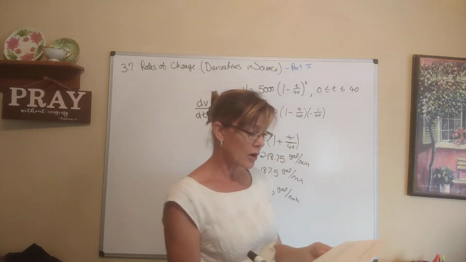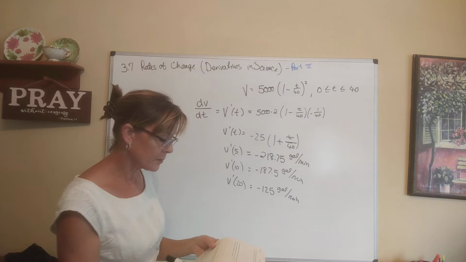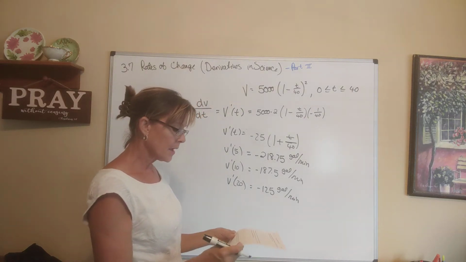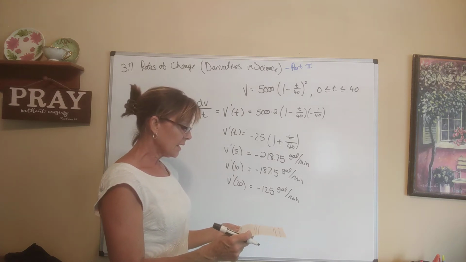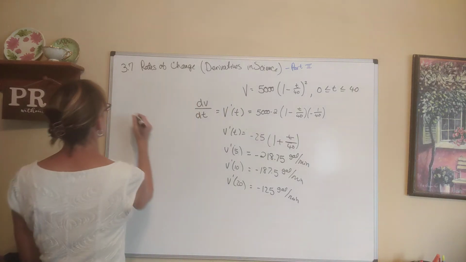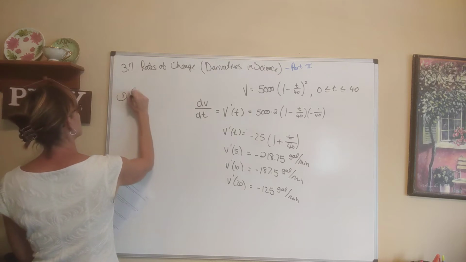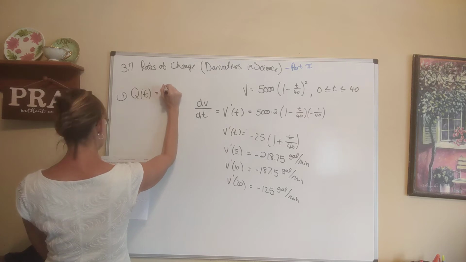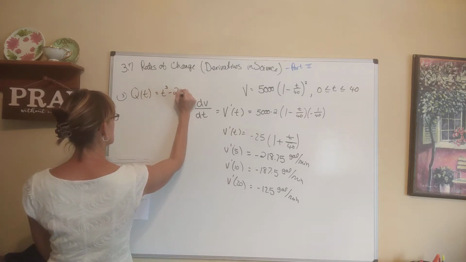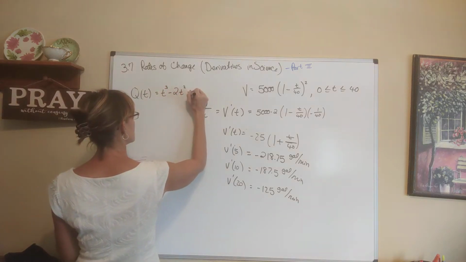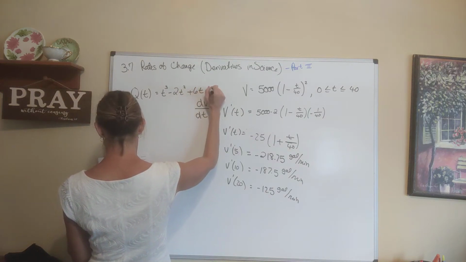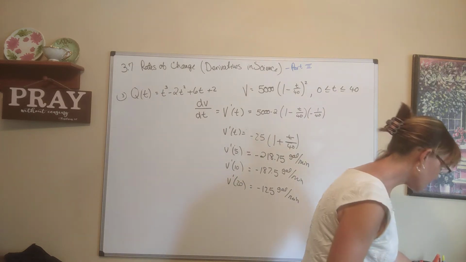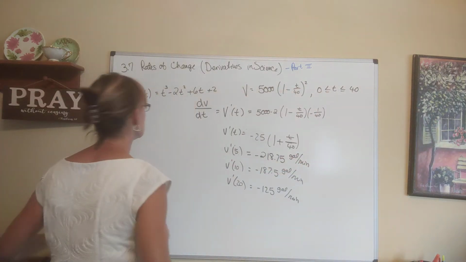The quantity of charge, Q, in coulombs, C, that has passed through a surface up to time t is given by Q of t. So this is number 3. They give us the charge Q, which is t cubed minus 2t squared plus 6t plus 2. The change in the charge per time is known as current.